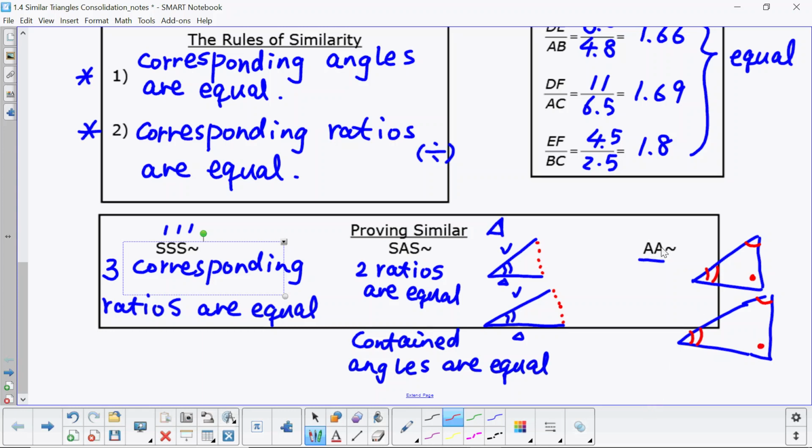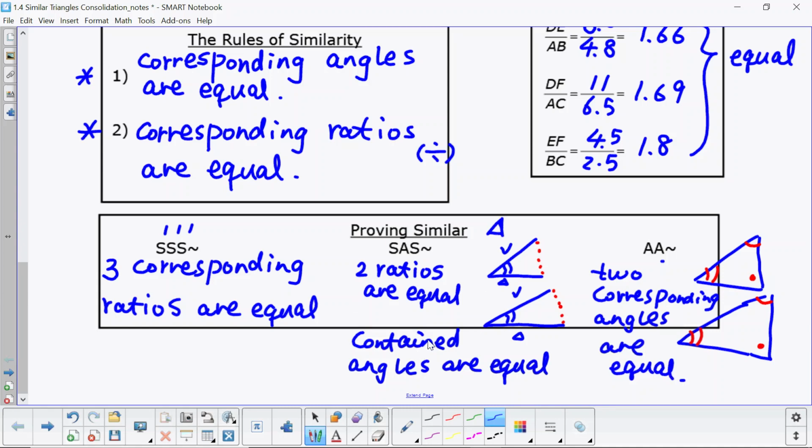So for two triangles, if you have two corresponding angles equal, meaning two pairs, then we could prove that the two triangles are similar.